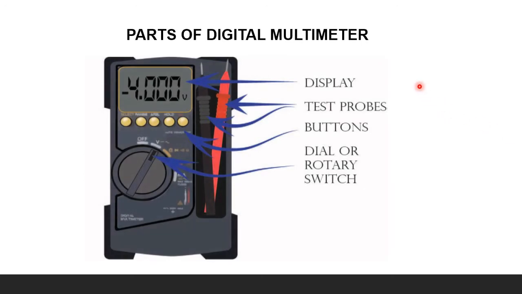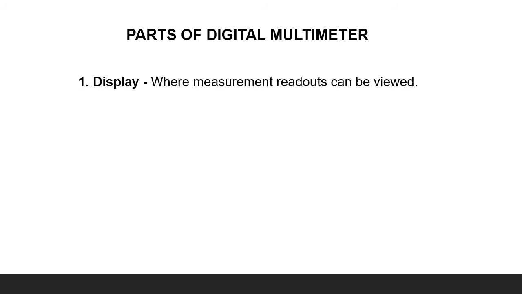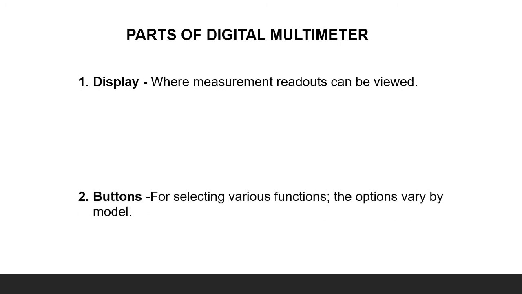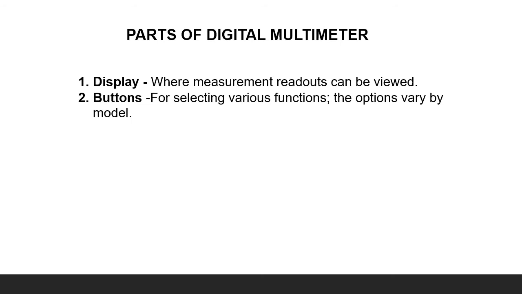So we have here the parts of the digital multimeter: the display, test probes, buttons, and a dial or rotary switch. Number 1, display. It is where the measurement readouts can be viewed. 2. Buttons. For selecting various functions.